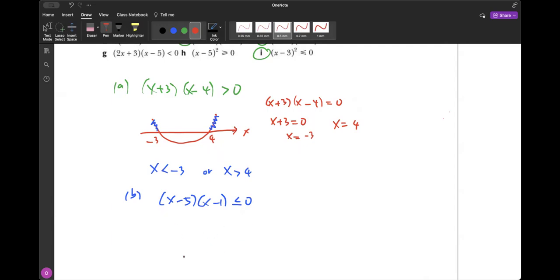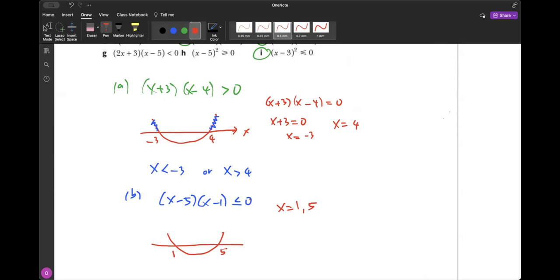Smiling face or sad face? This one is positive, it's a smiling face. What are these 2 points? Can you tell this point and this point? 1 and 5, right? Smaller one put here, bigger one put here.